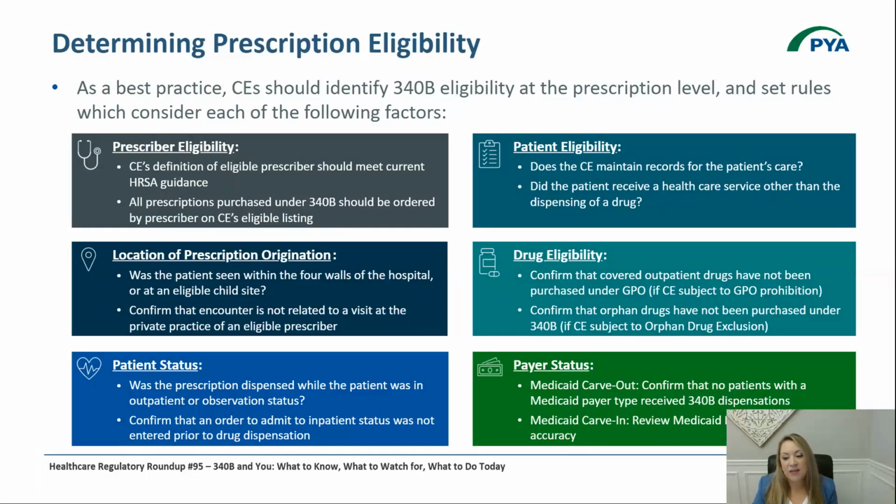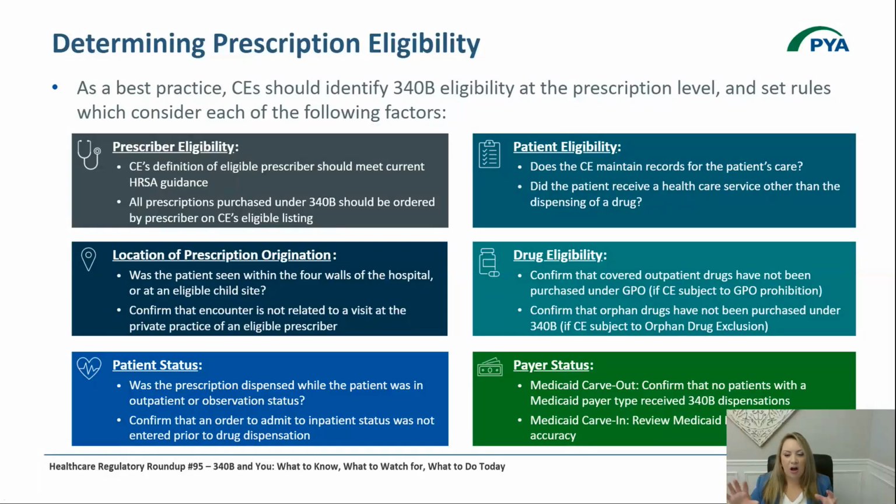And so if they carve in, that means that they include Medicaid patients as part of their 340B program. And there are some responsibilities for making sure that their information is properly outlined in the Medicaid exclusion file, which we'll also talk about in a minute.